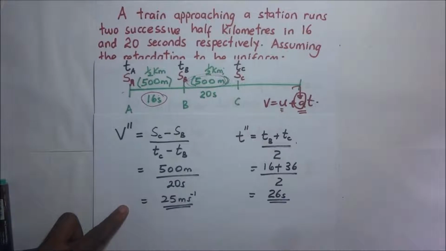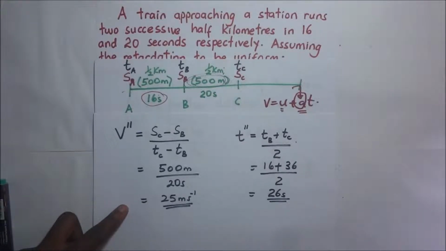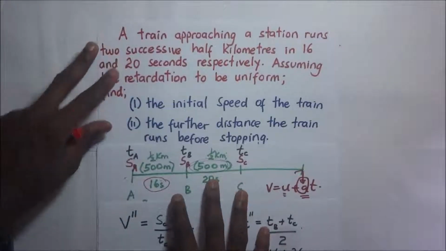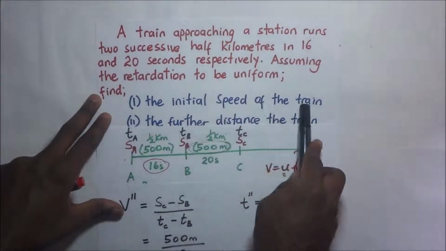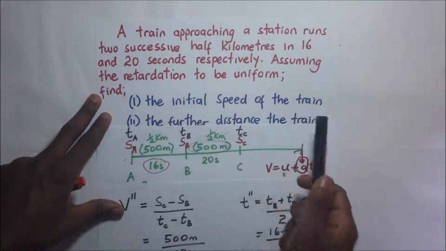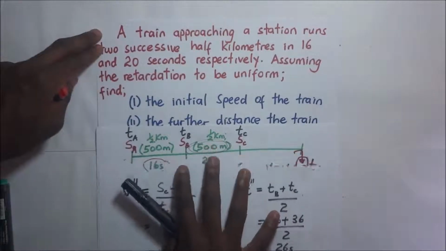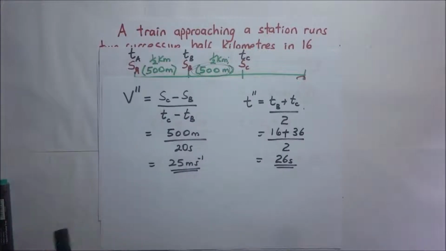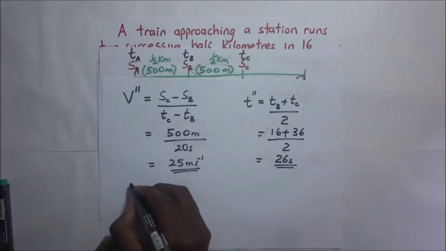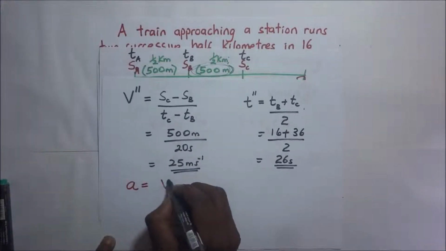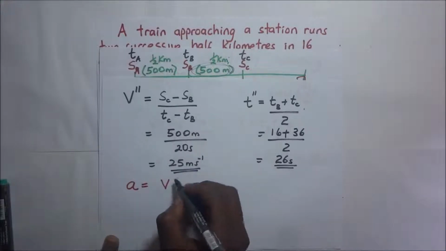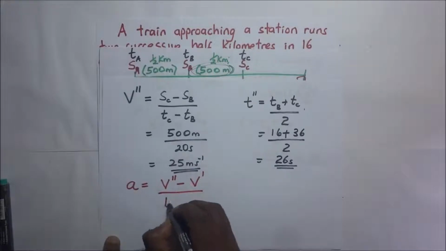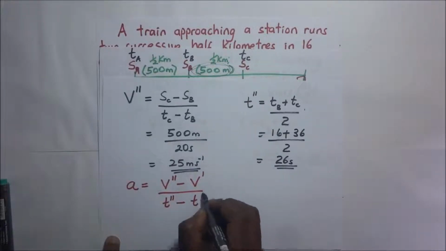After getting those two, we can now get our acceleration, because the question requires us to find the initial speed of the train, but we can't get the initial speed when we do not have the acceleration. So first we'll get the acceleration, which is the rate of change of velocity. So it's going to be V prime prime minus V prime, divided by T prime prime minus T prime.